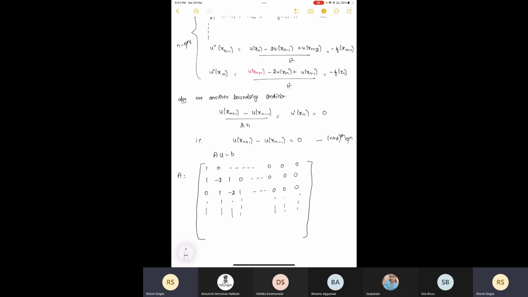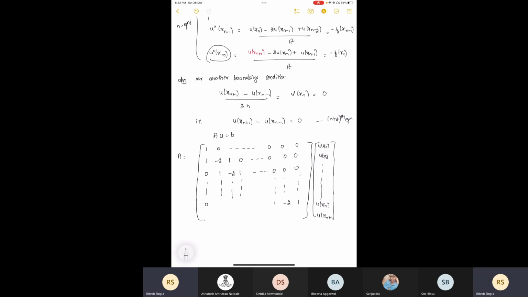So what will we have in the end? For this equation, we will have 1, minus 2, 1 here. And the vector is u of x naught, u of x1, and so on, u of xn, u of xn plus 1. It is my u.